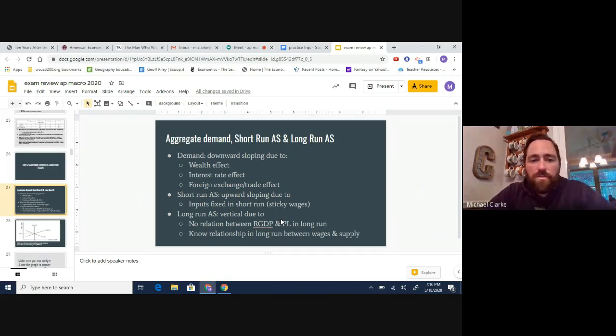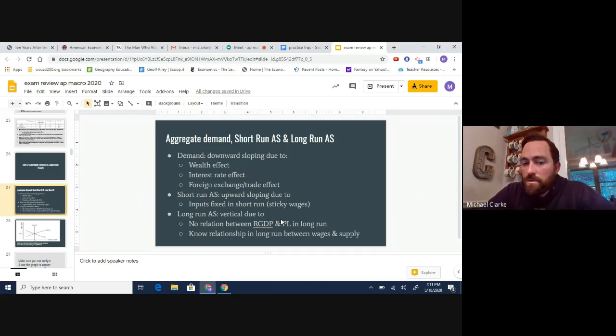So the first three bullet points you see there are just reasons why the demand curve is downward sloping and isn't upward sloping. If you think of a downward sloping demand curve, as price falls, people buy more stuff. Those three bullet points explain why: interest rates, wealth, and the influence of foreigners. Supply, short run aggregate supply.